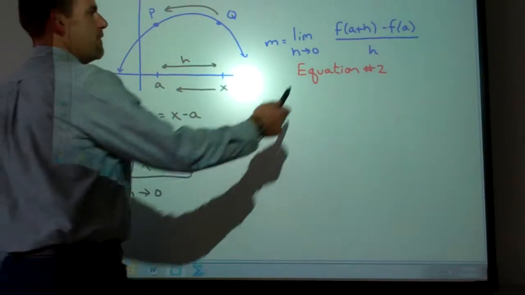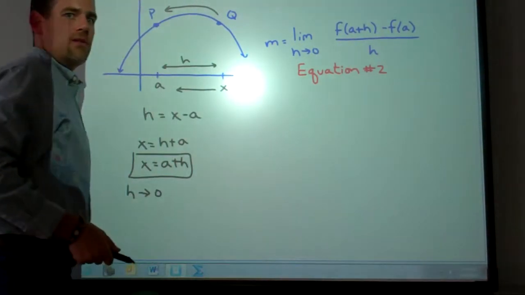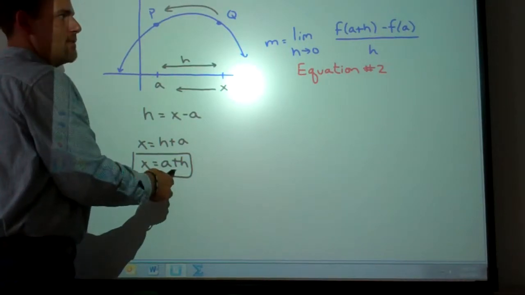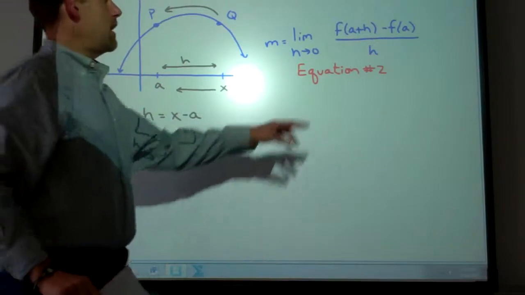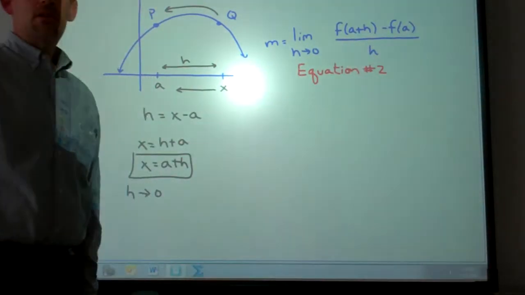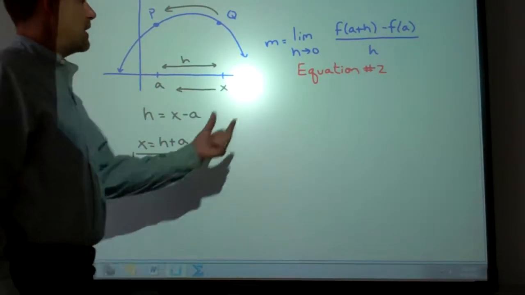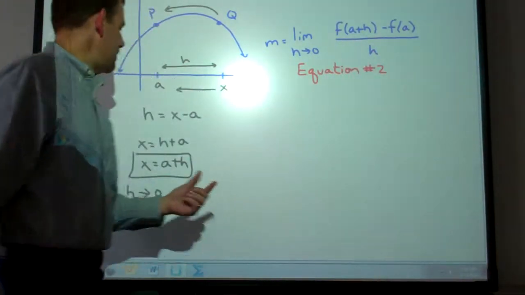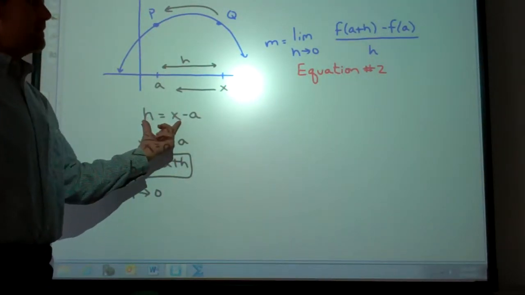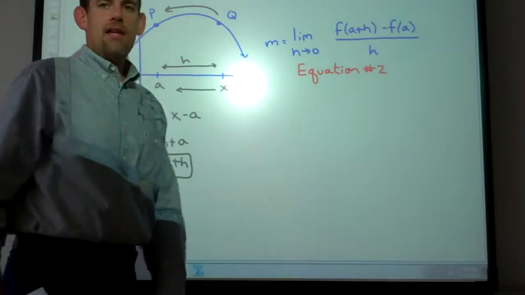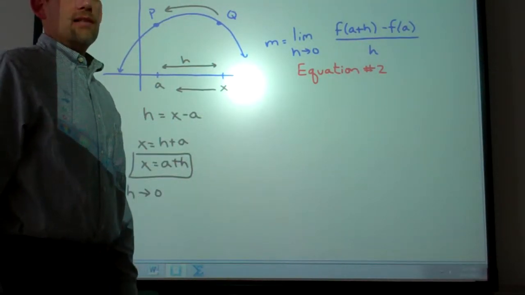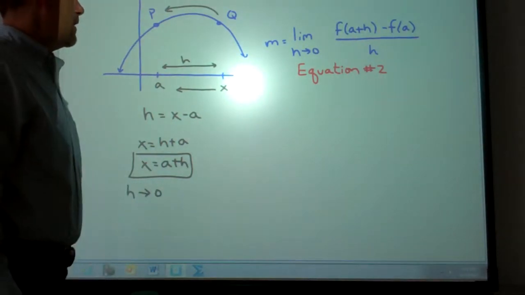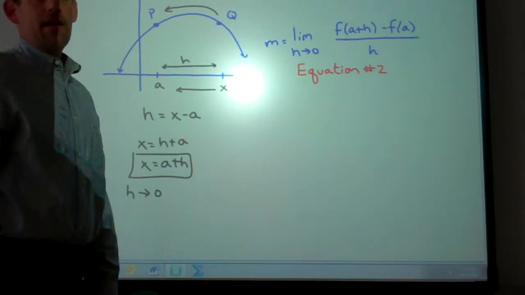Instead of f of X in the numerator, since X is A plus H, we have f of A plus H, still minus f of A, still divided by a value. But instead of X minus A in the denominator, we use H. This is equation 2 in your book, the H goes to 0 equation for the tangent line problems.